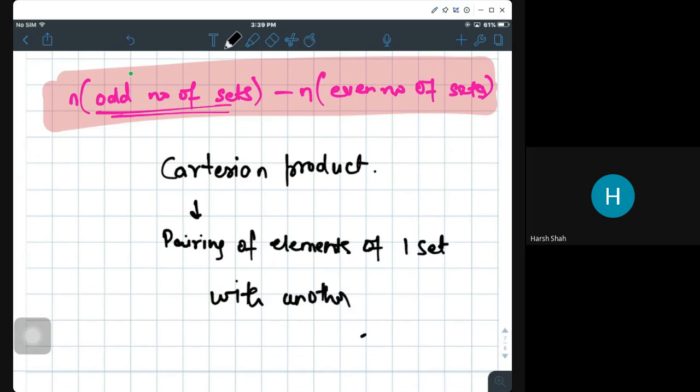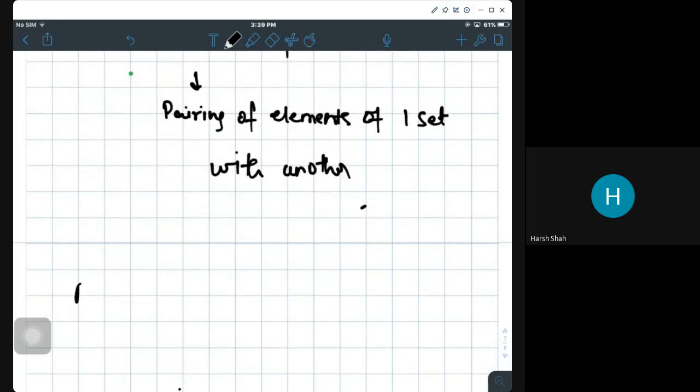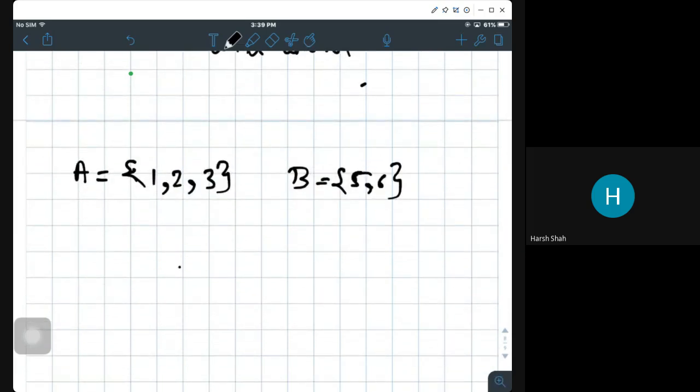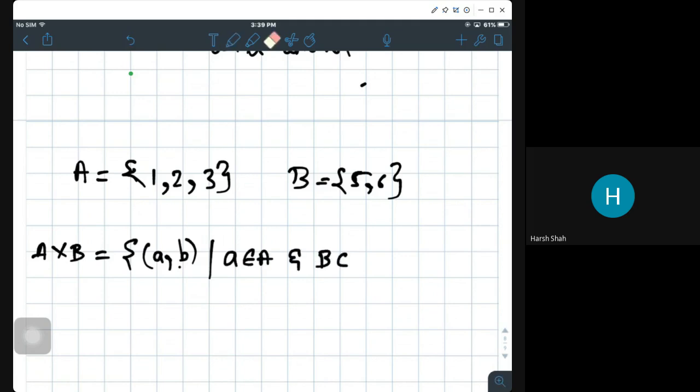That means if I have a set A which is 1, 2, 3, and I have set B like 5, 6, and I want to find the Cartesian product, I can write it as the set of all elements of the form (a, b), where a belongs to set A and b belongs to set B, right? This is set builder notation.